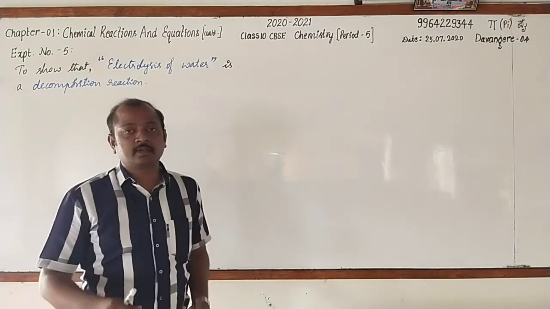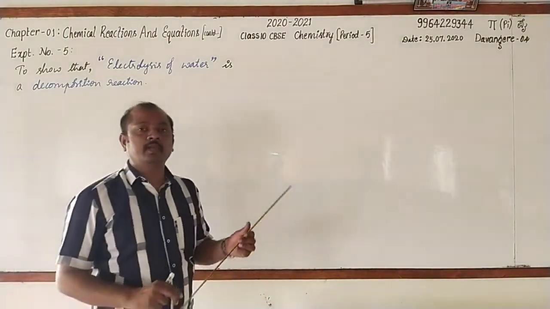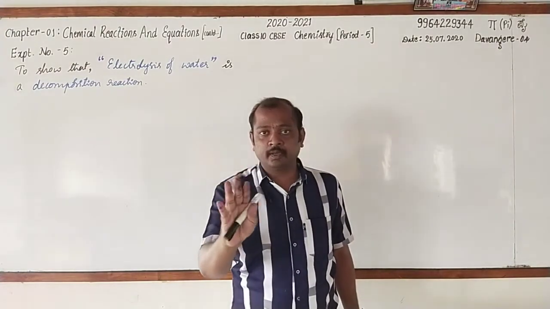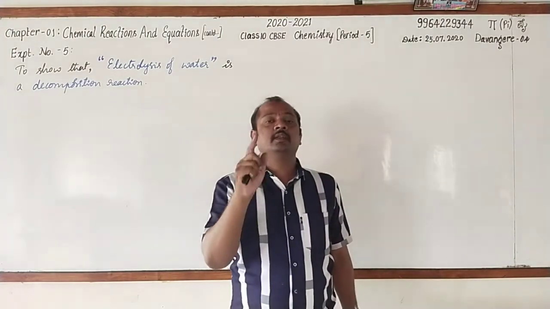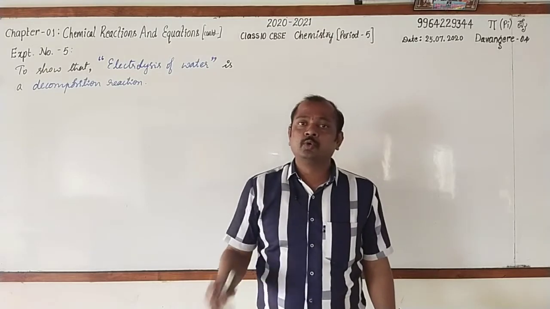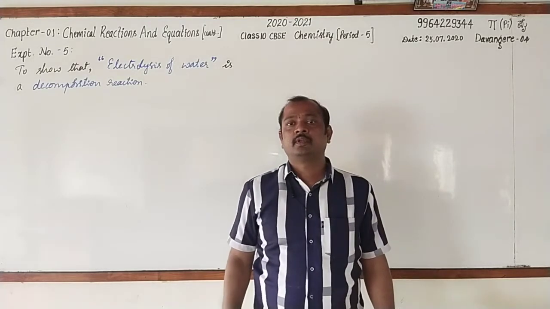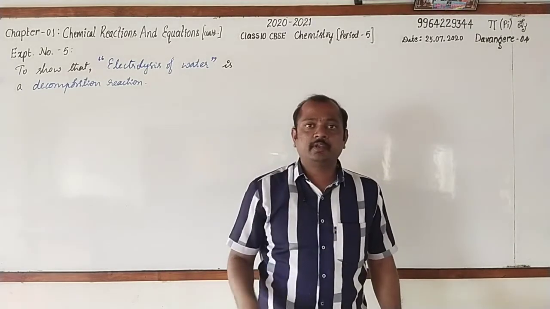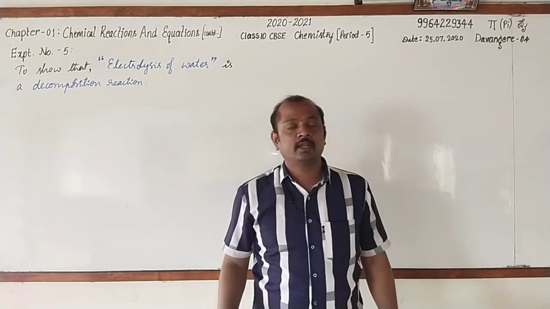The materials required are, one, a bottle having no bottom. Got it? Next, we need a 2-hole rubber cork. And third, graphite rods which are to be used as electrodes.